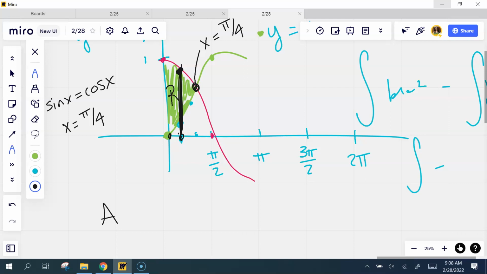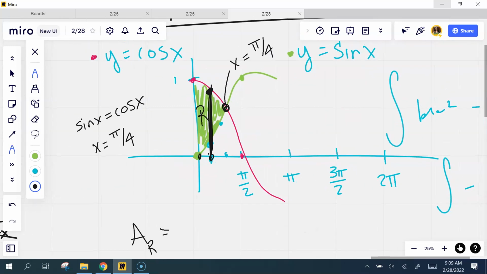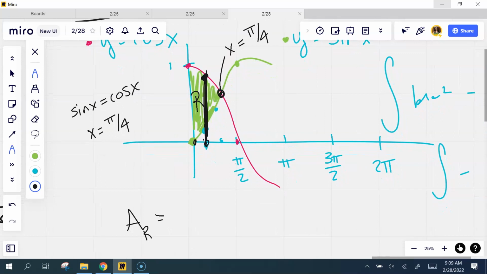If there was no hole and that was a solid all the way down there, what would be the area of that circle? So the area with big R. That top one is what? Cosine. So it'd be pi R squared. What's big R? Okay. So we all agree that's the area of the big one, right?